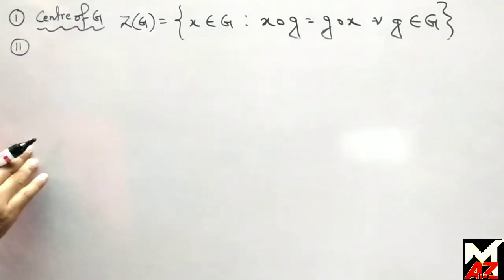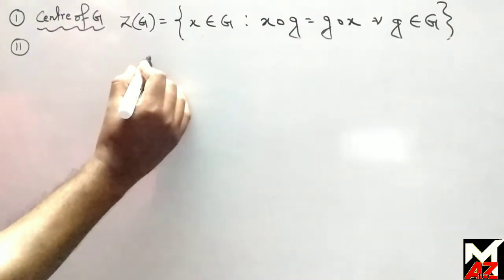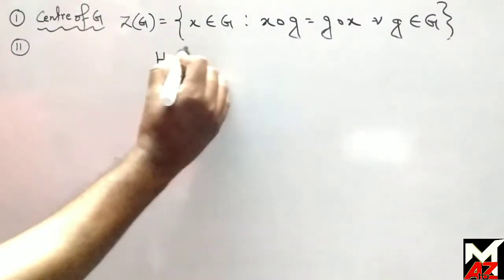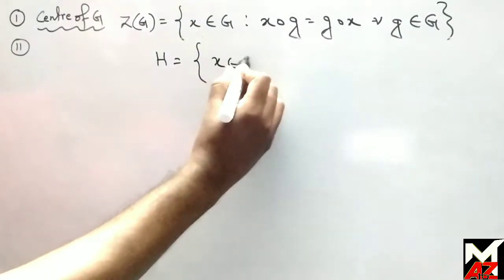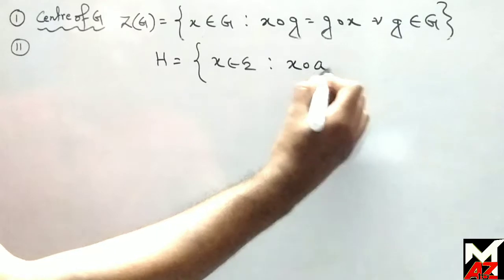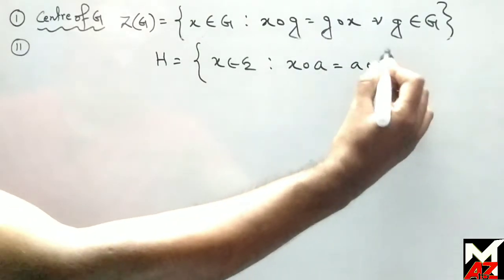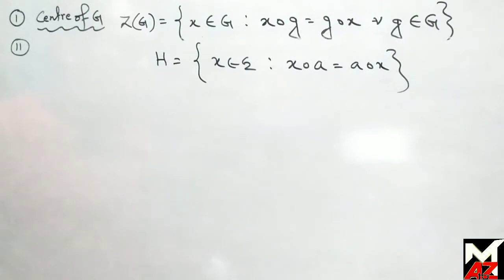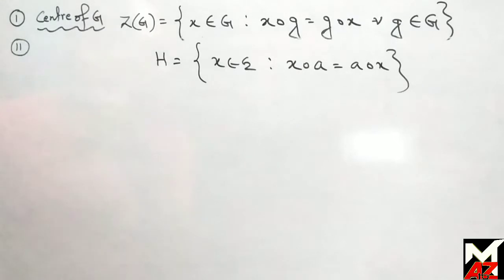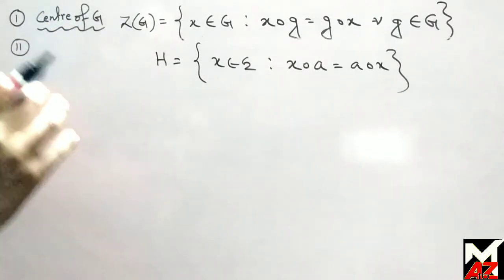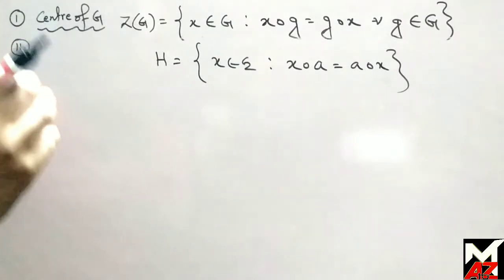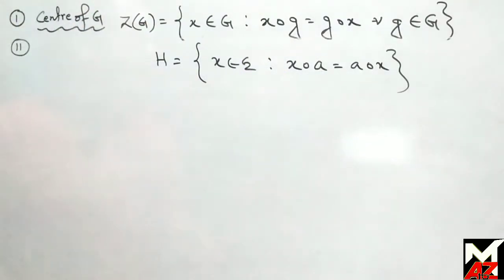Second, here also consider a subset H, and this subset is X belongs to G such that X composition A is equal to A composition X. Okay, that is, H is a subset of G containing those elements of G that commute with a particular element A of G.